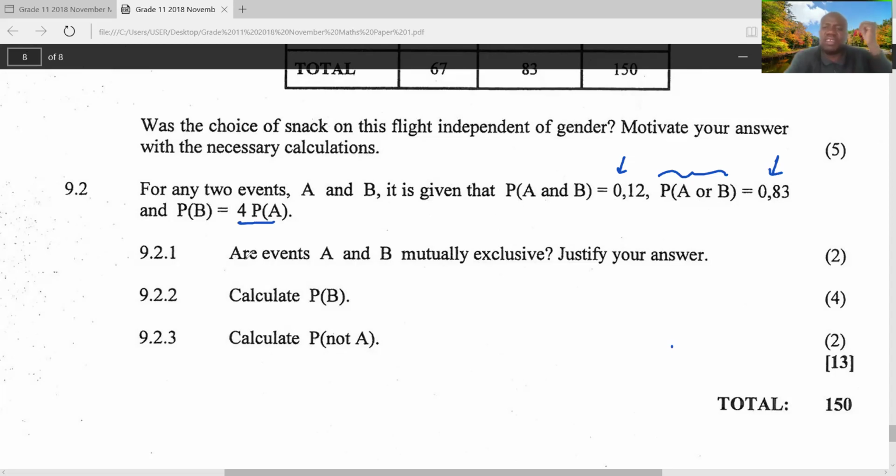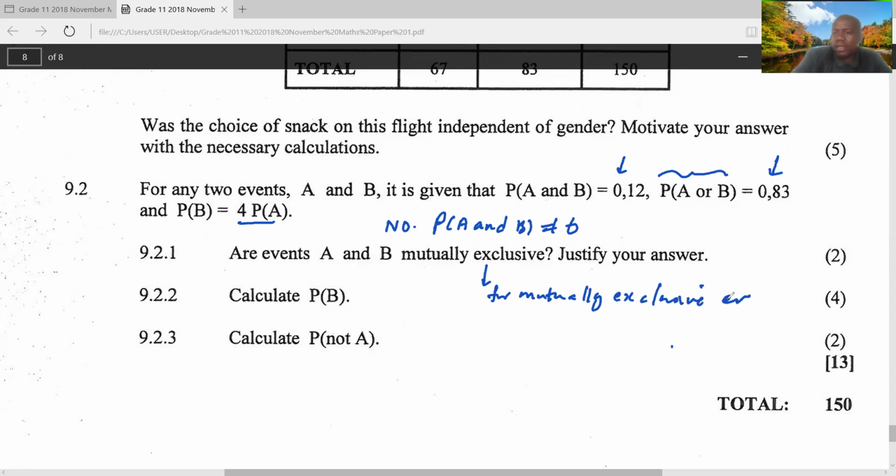The first question says, are events A and B mutually exclusive? The answer is no. Why? Because the probability of A and B is not equal to 0. For mutually exclusive events, the probability of A and B should be 0.